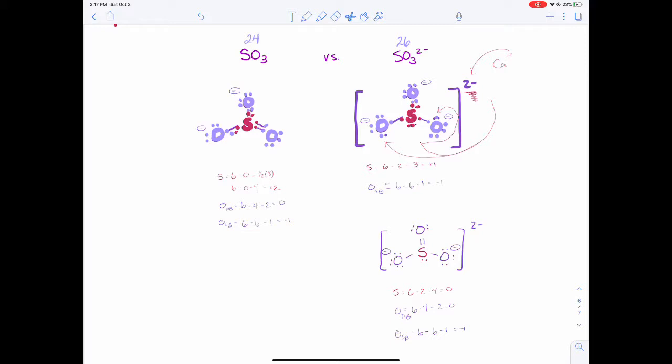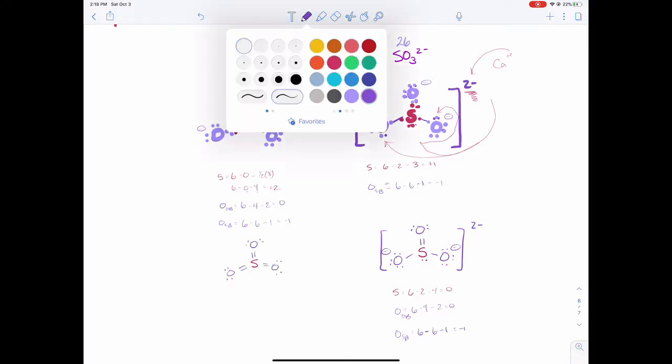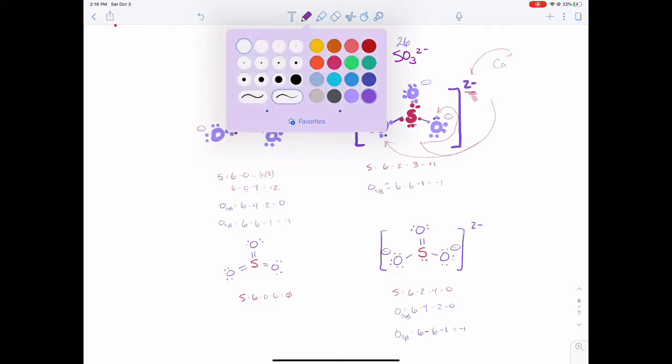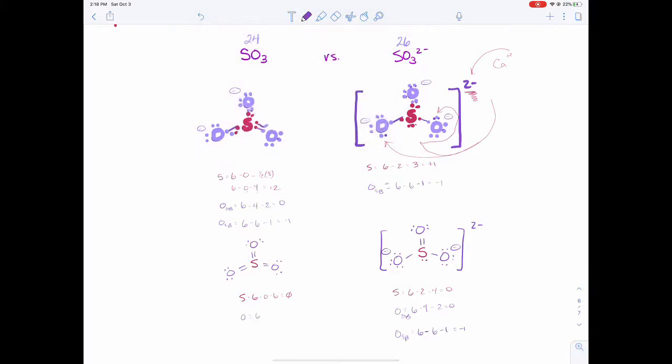So what we're suggesting now, when we do this formal charge, our sulfur is 6 minus 0 minus 6, which is 0. And then our oxygen is 6 minus 4 minus 2 equals 0. So everything in this complex is 0, which is a much better situation than what we had up here.